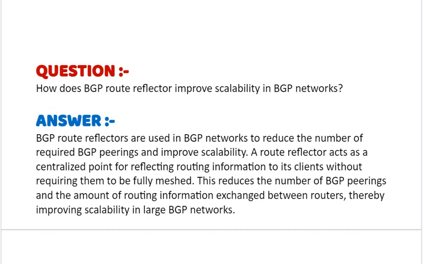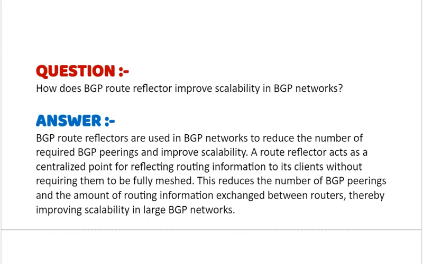Our next interview question is: how does a BGP route reflector improve scalability in BGP networks? Your answer should be: BGP route reflectors are used in BGP networks to reduce the number of required BGP peerings and improve scalability.